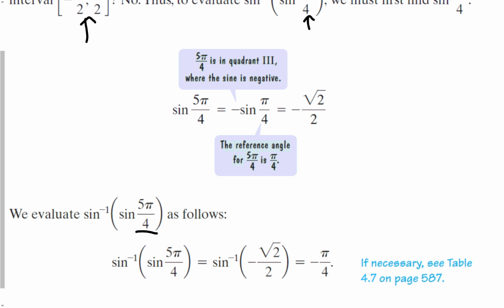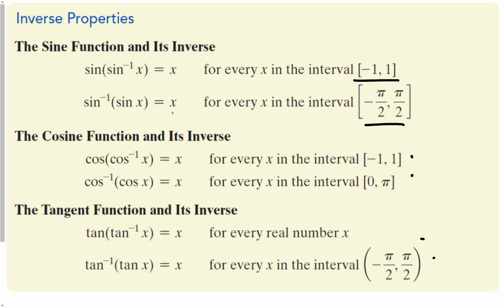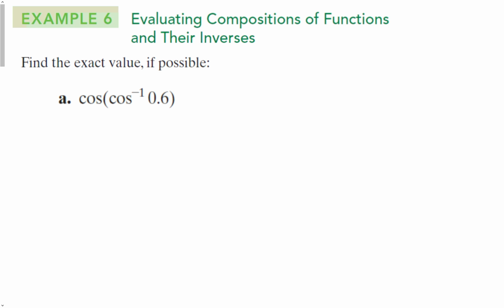So if the angle that you are trying to find the composition function of is not in between negative π/2 and positive π/2, you're going to get a different answer. That's what this slide was saying: it's always going to be x if your angle is in between these two numbers. If not, you're going to have to work it out and you're going to get something else.